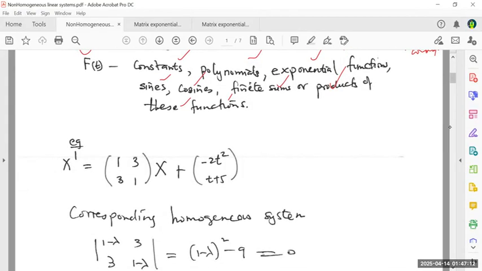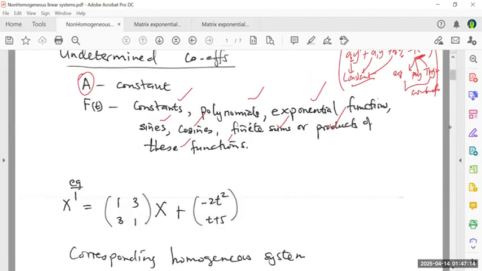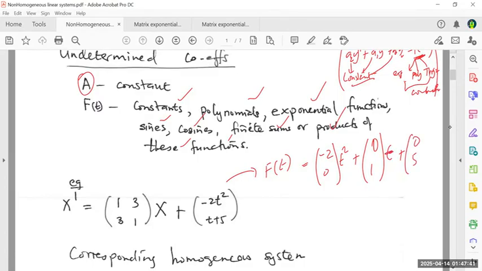So, for example, here we have this non-homogeneous system, and here our f of t, you can write it in terms of the quadratic that we have there. So that's minus 2, 0 times t squared plus 1, 0, 1 times t plus 0, 5. So you can see it's a quadratic in terms of t.